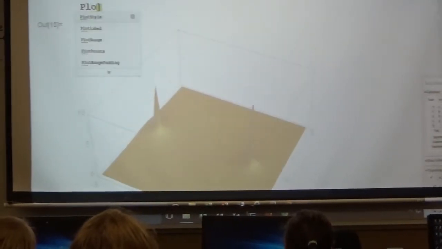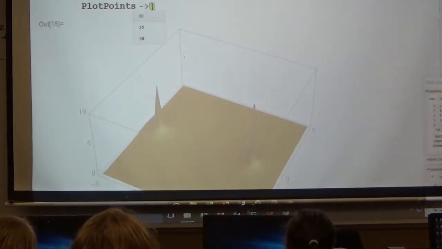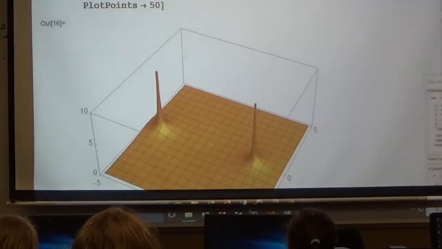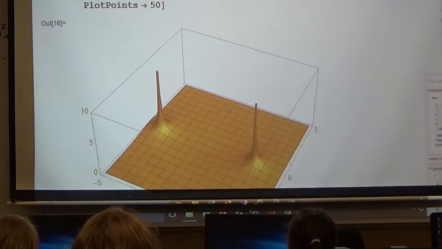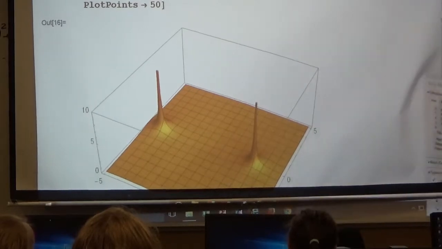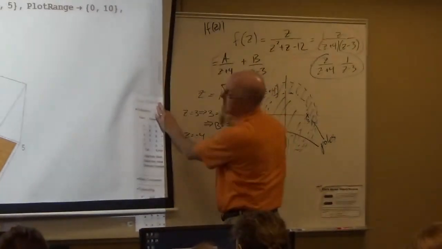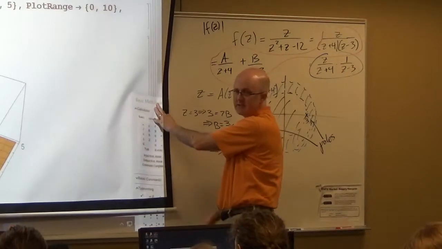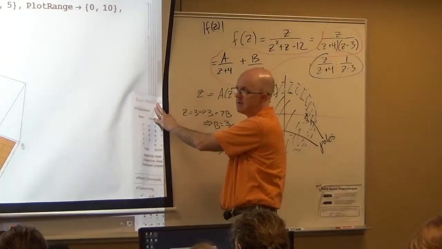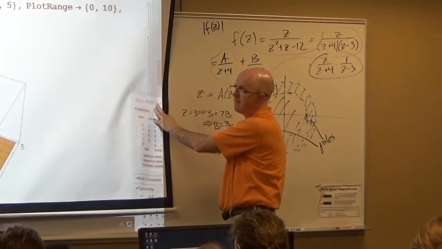Maybe if we plot more points, that will go away. That's better. So this is a graph of the modulus of f of z. It goes to infinity as you approach z equals -4 or z equals +3.